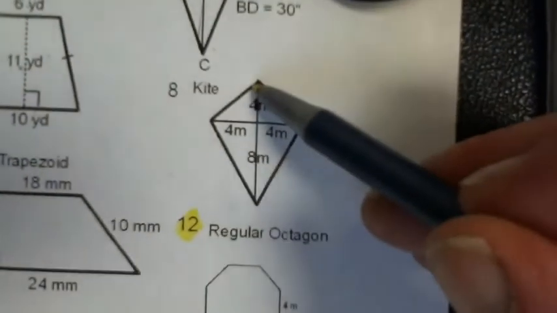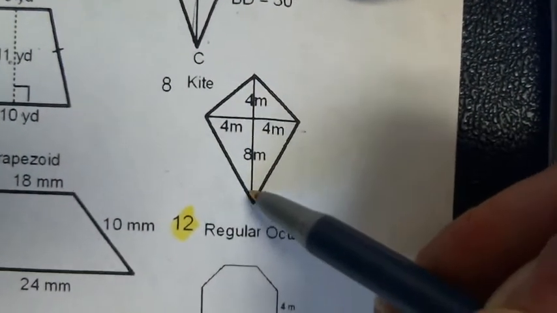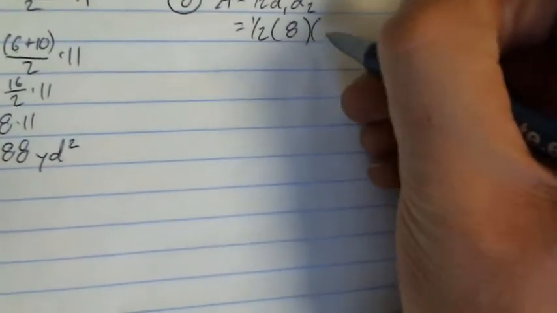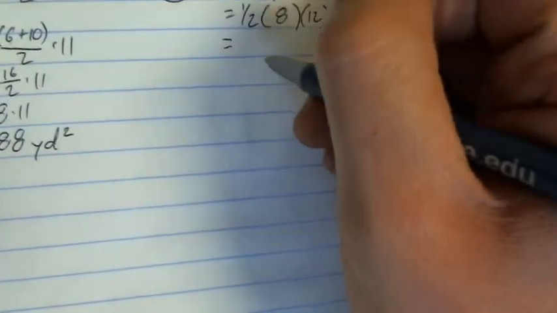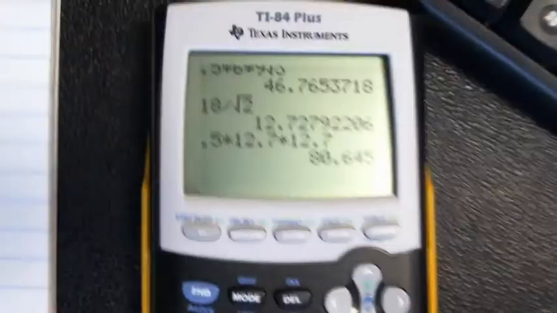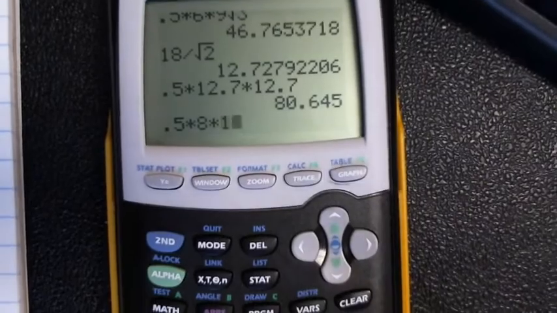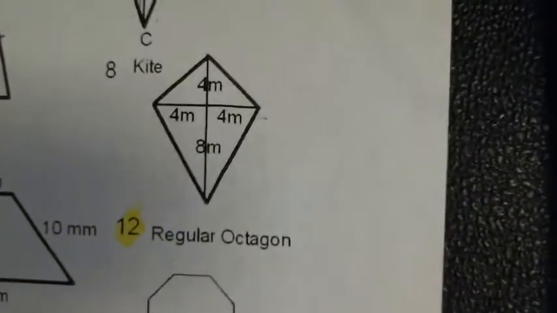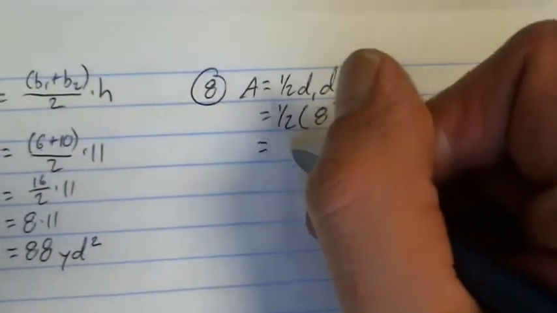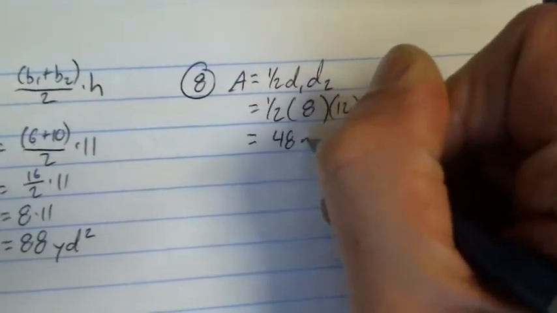Second diagonal is 4 plus 8 is 12. One half times 8 times 12 is 48. Started in meters. That's 48 square meters.